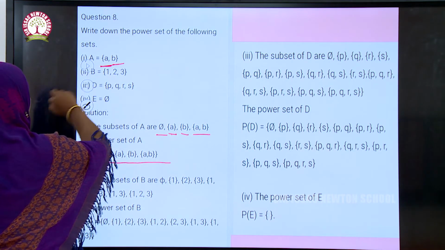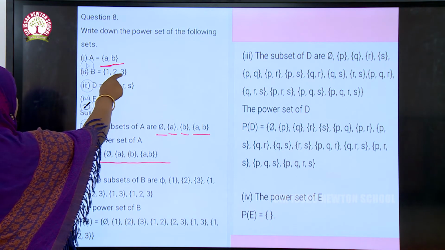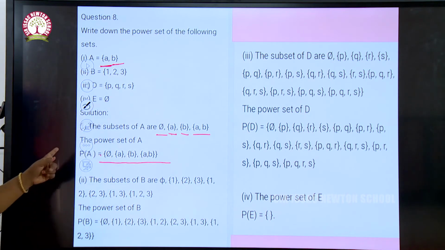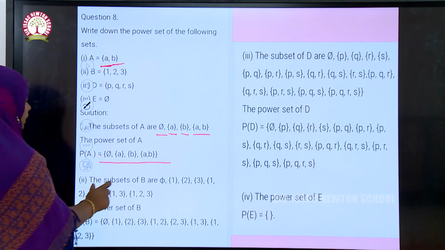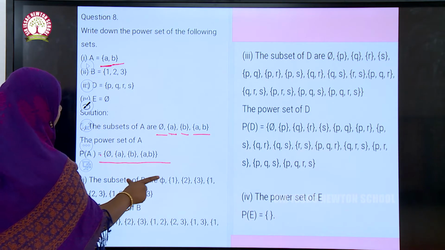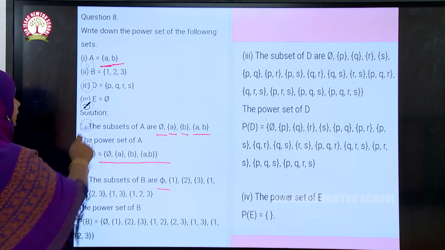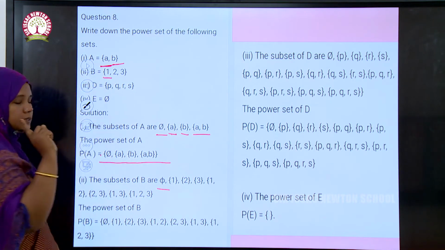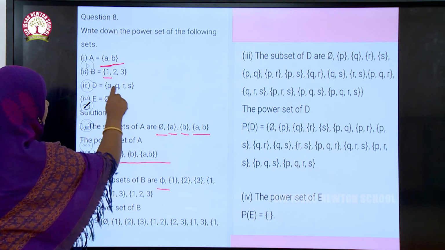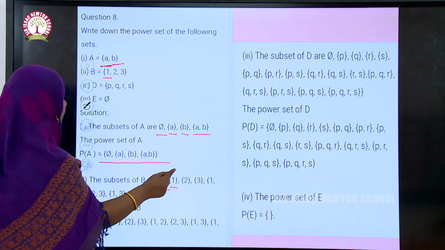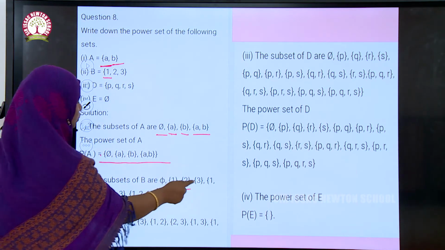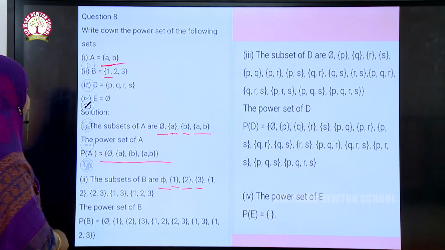See, look at the second example. B is equal to the set which has 3 elements, 1, 2 and 3. So now write what are the possible subsets of B. First it is the null set, and then the singleton sets. What are the possible singleton sets here? The set with one element 1, with one element 2 and with one element 3.